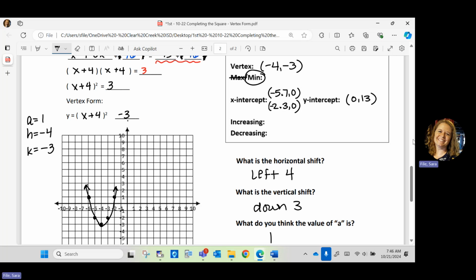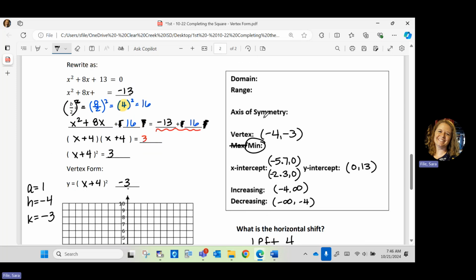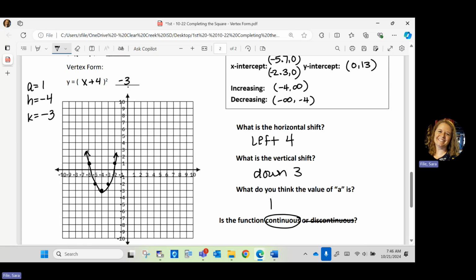What about the increasing, decreasing intervals here? Left to right, my graph decreases first, and then it turns and is increasing. So I'm going to say it's decreasing from -infinity to the x value of -4. That's where it turns and then is increasing. What am I missing up here? Axis of symmetry, right down the middle.